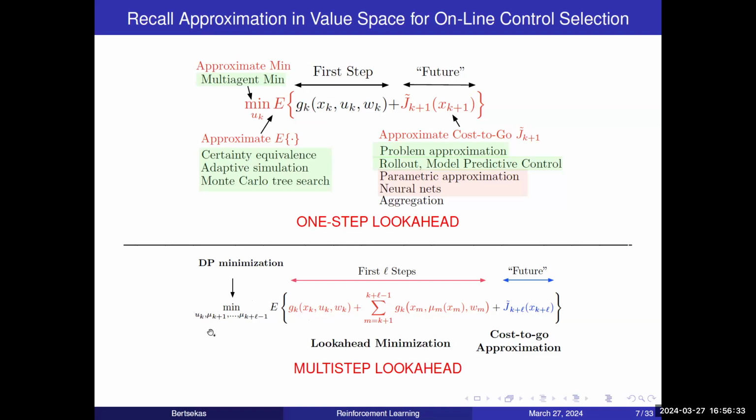But after the first stage, we don't know what the next state is because it's stochastic. There is uncertainty involved, so we need to optimize over policies. This makes the problem, for example even when L is only 2, not just twice as hard as solving the one-step problem. Actually, most often it's way more challenging, and that makes the certainty equivalence type of idea even more relevant in this context.